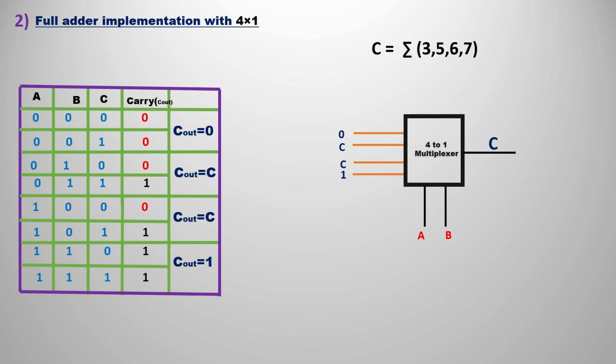For the next two rows, C and C out are the same, that is 0 1 0 1, so I1 would be C. Like that you have to compare all. If you compare the last two rows, that is 0 1 1 1, there is no relation between C and carry, but C out is 1 in both cases. So the input in that case for the 4x1 multiplexer is 1.